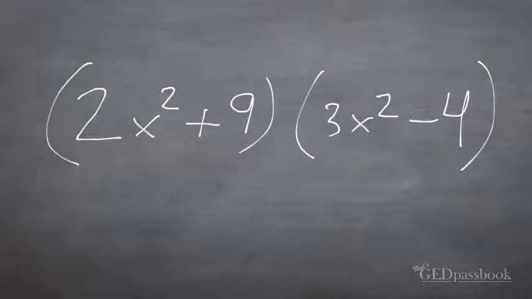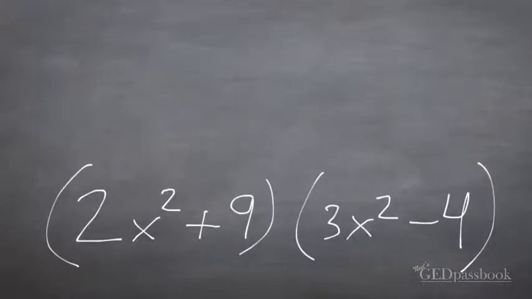But this is another famous one. Does anyone know the name of this type of problem? FOIL. FOIL, believe it or not, stands for something, and this is why they created it.